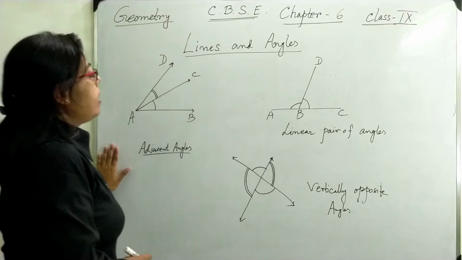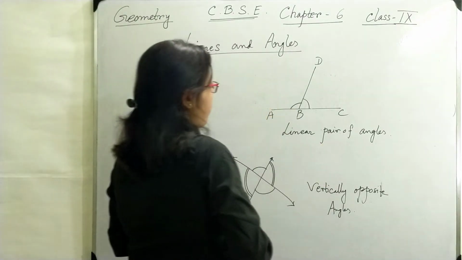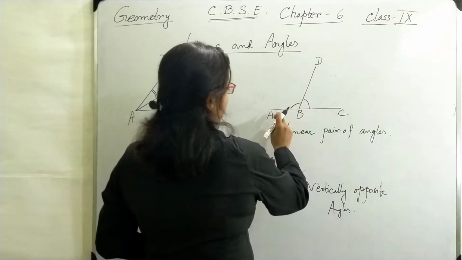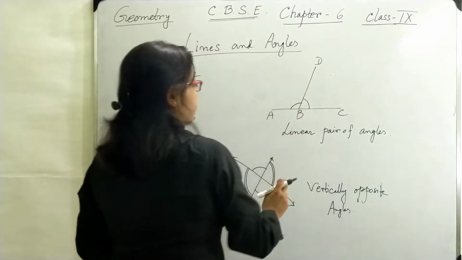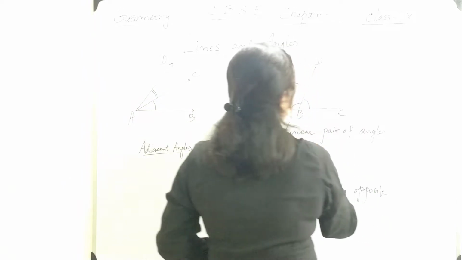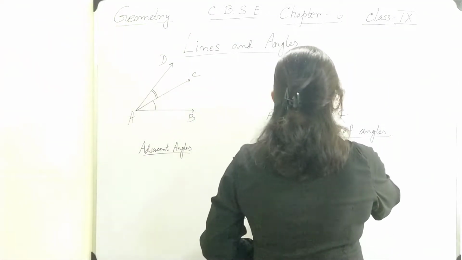Okay, and then one more thing is linear pair of angles. Linear pair of angles, look at this picture. Angle ABD and angle CBD, both are linear pair of angles, and the fact is that this is a straight line, right?